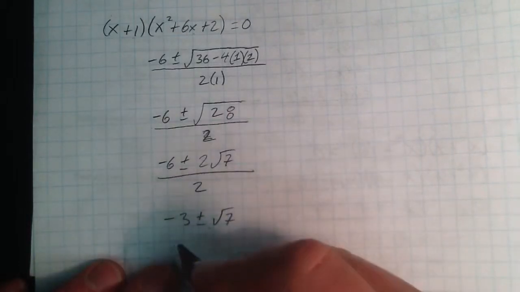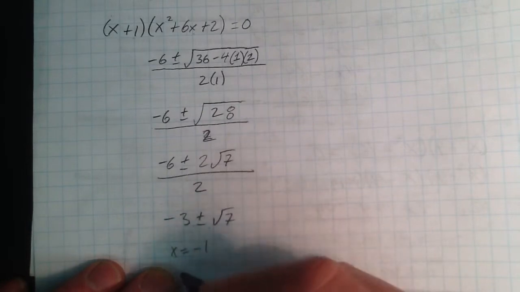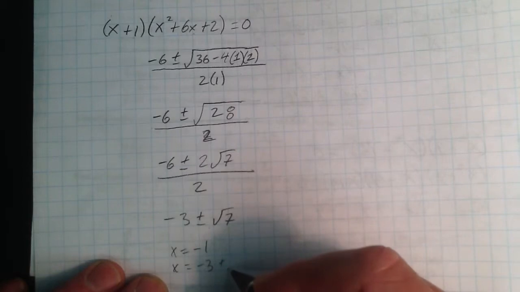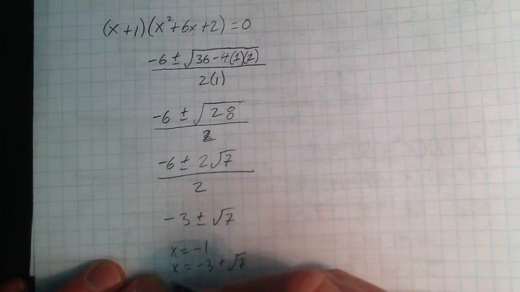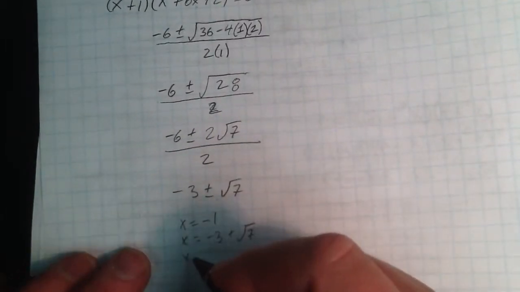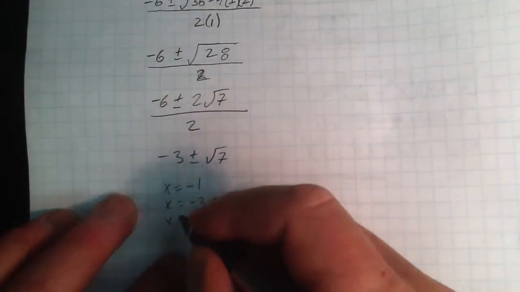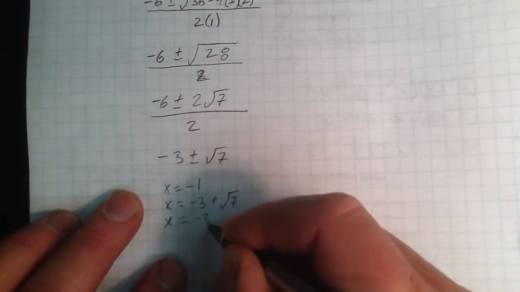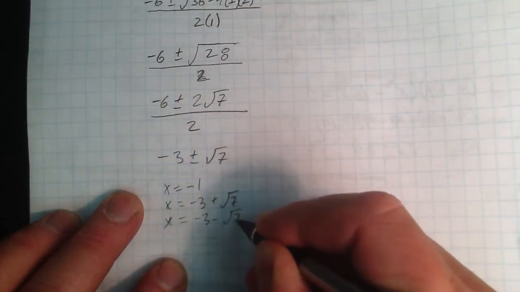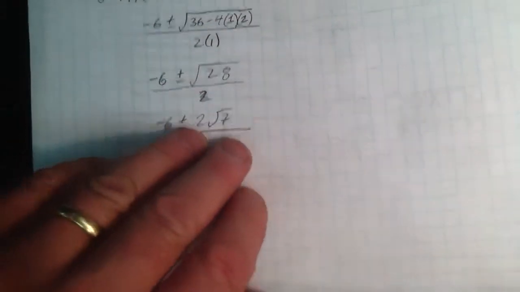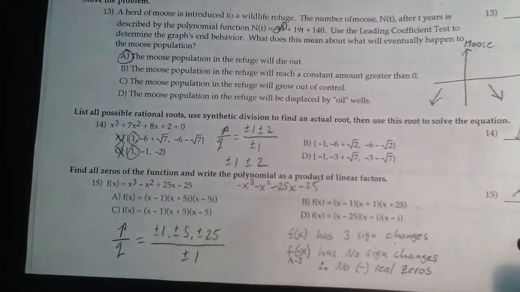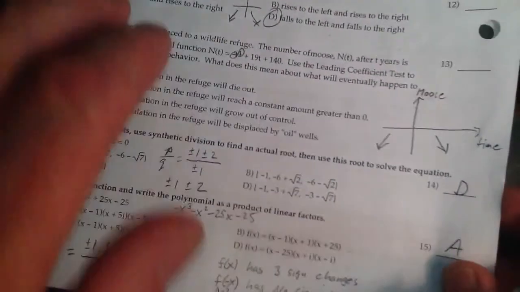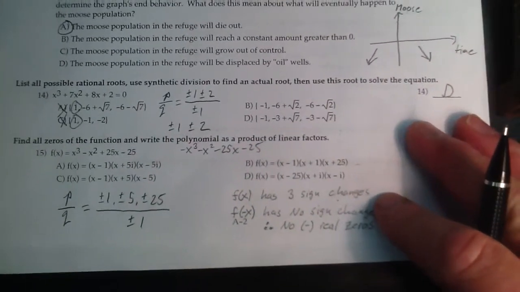Okay, so there are all 3 of our roots: x equal to -1, x equal to -3 plus root 7, x equal -3 minus root 7. And if we go back to the problem, that should be choice number D.